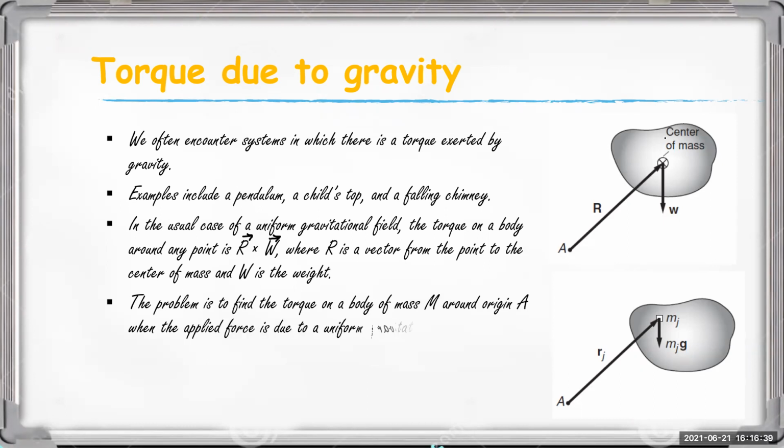So here our problem is to find the torque on a body of mass m around the origin A when the applied force is due to the uniform gravitational field g. To evaluate the torque, we consider this body as a collection of so many particles.